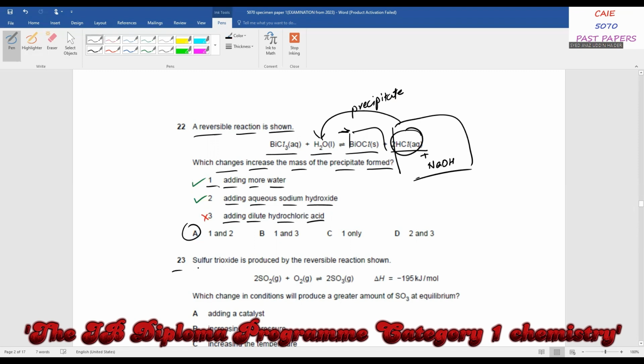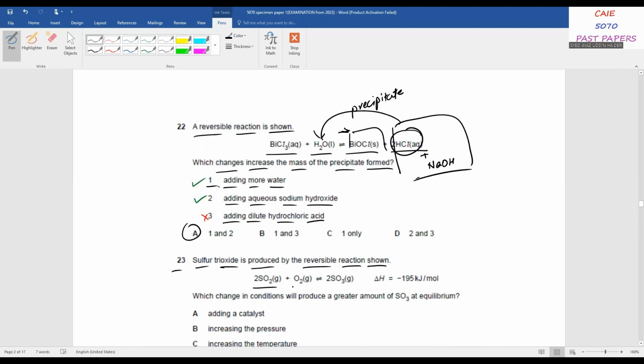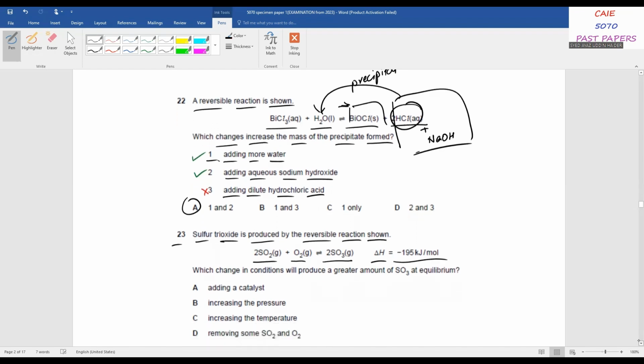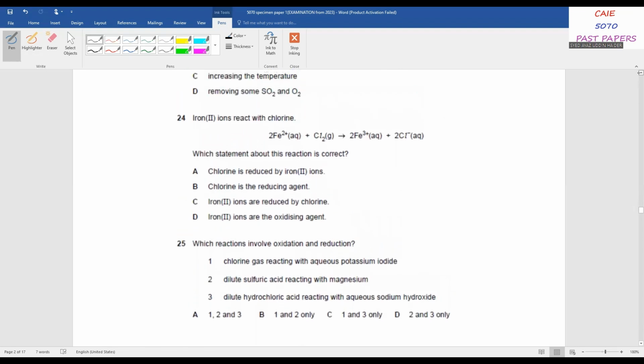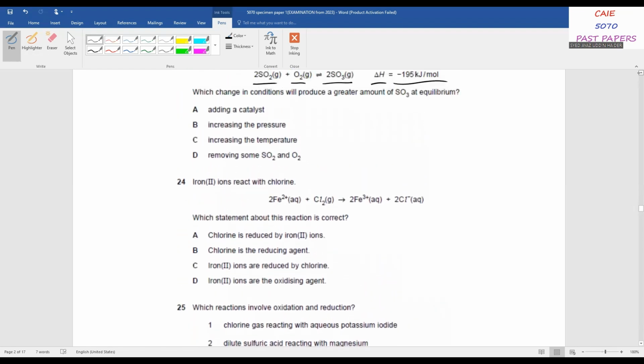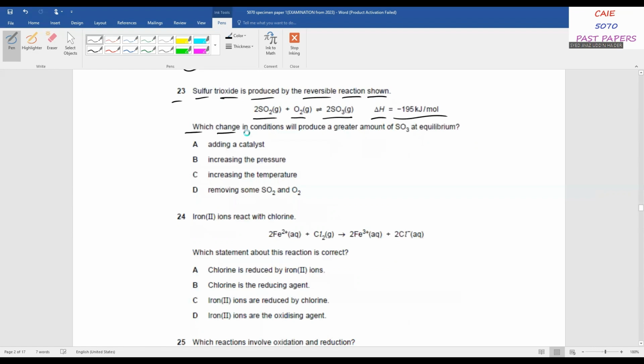23, sulfur trioxide is produced by the reversible reaction shown. 2SO2 plus O2 gives 2SO3 gas. Delta H is negative in the forward direction, which indicates that the forward direction is exothermic. Which change in conditions will produce a greater amount of SO3 at equilibrium?